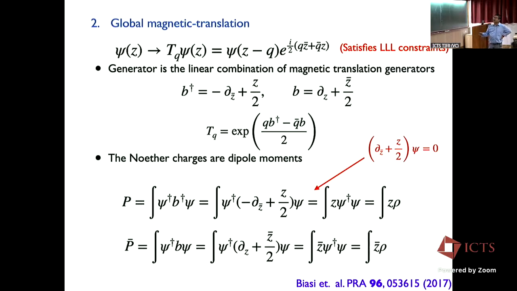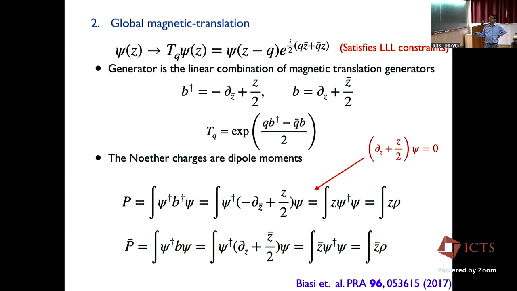And you can write down the magnetic translation operator in terms of the B and B dagger operators, staying in the lowest Landau level. And Z is nothing but the magnetic translation operator. So Z is the full operator that does the magnetic translation. And then from that, you can get the Noether charge for this magnetic translation operator, same as with the B and B dagger here.